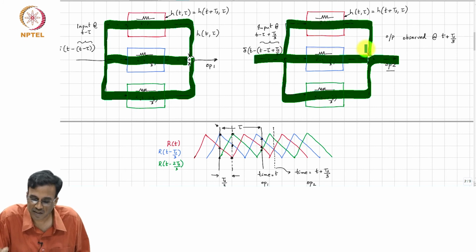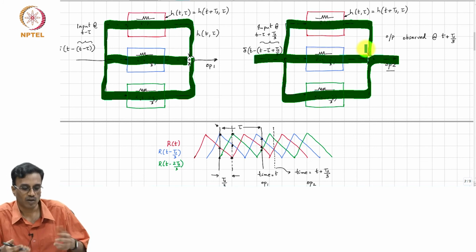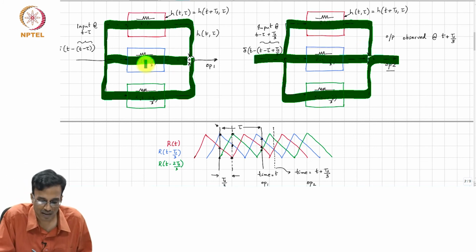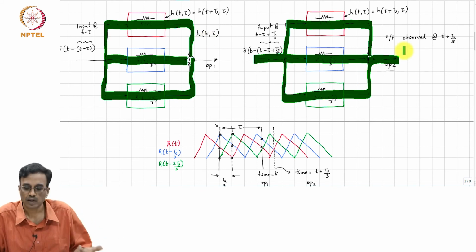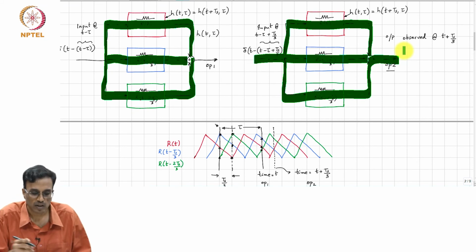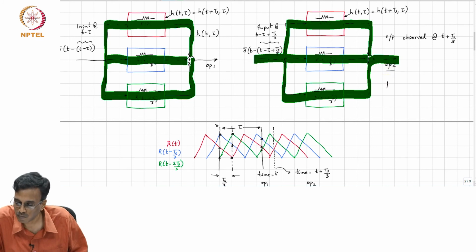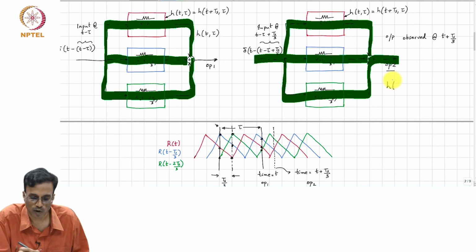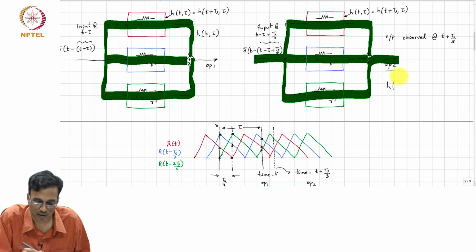And since all these three systems are identical, it does not matter. In either case, the bottom line is that if you add the three up, the final output is going to be the same.